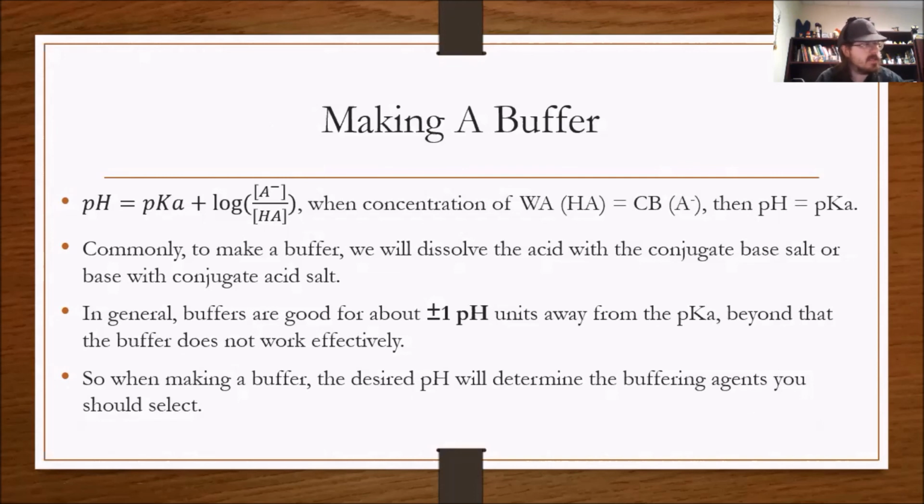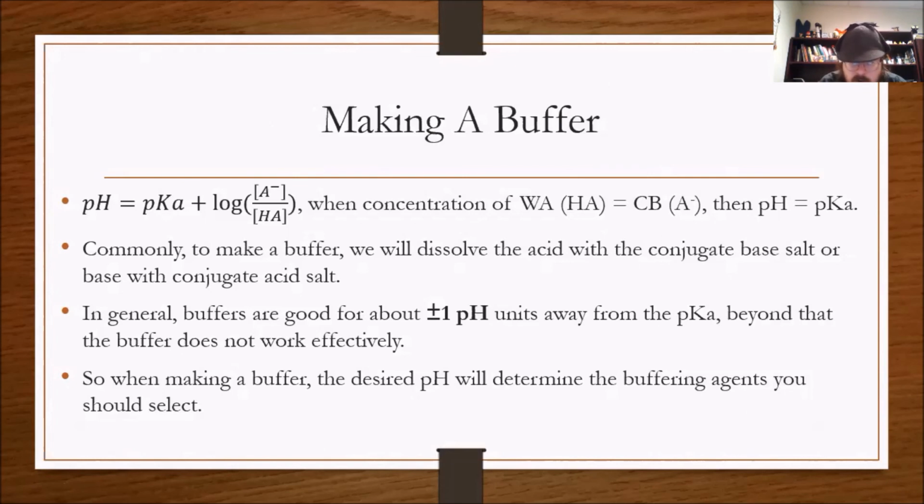If pH is the negative log of H plus, pKa is the negative log of Ka. So it's just a convenient way to look at our Ka. When we dissolve the acid with the conjugate base salt, it'll make that buffer, or the base with the conjugate acid salt.